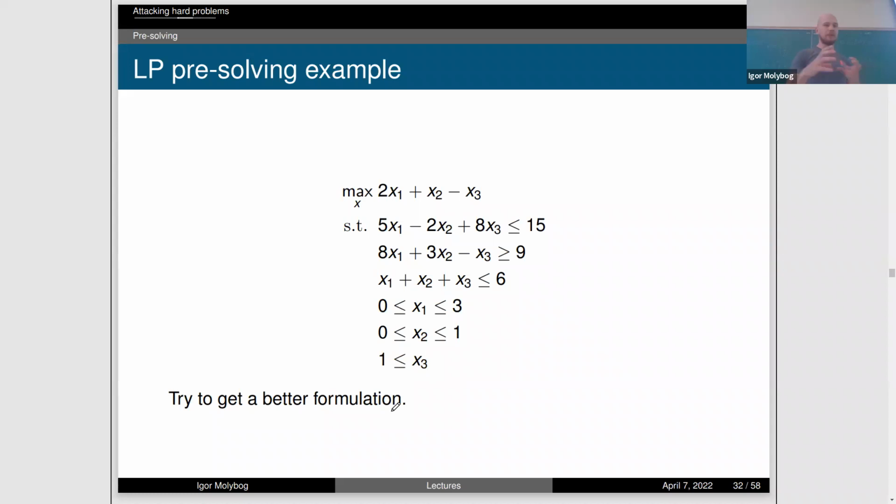These are two polyhedra, and they are equivalent in this sense. And if we have that P1 is a subset of P2, then P1 is better.